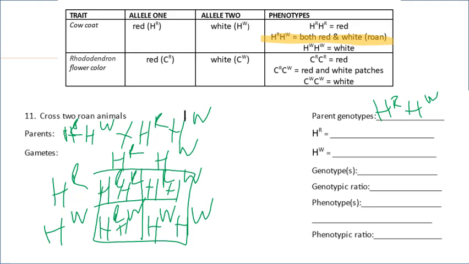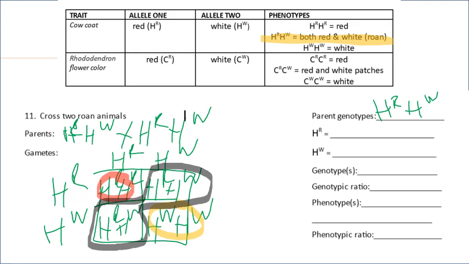This is fully red right here, right? And then this one right here is going to be fully white. And these guys right here are going to be my roans. So I have 3 different genotypes and 3 different phenotypes.